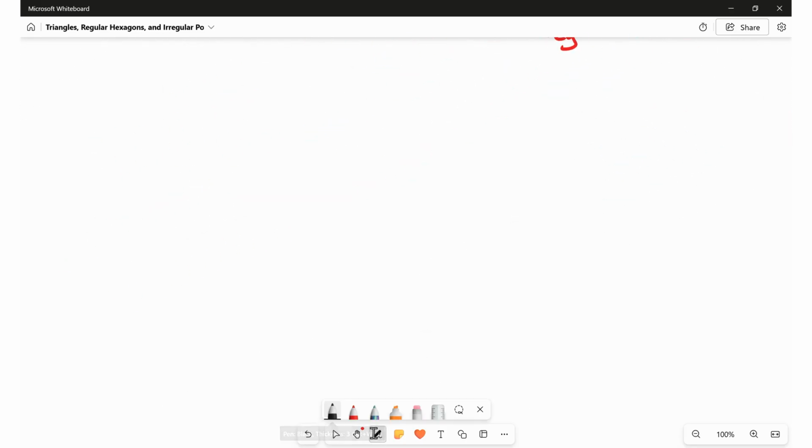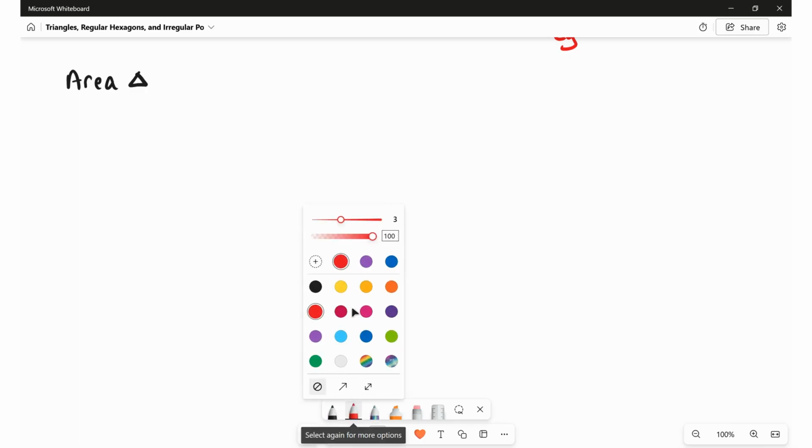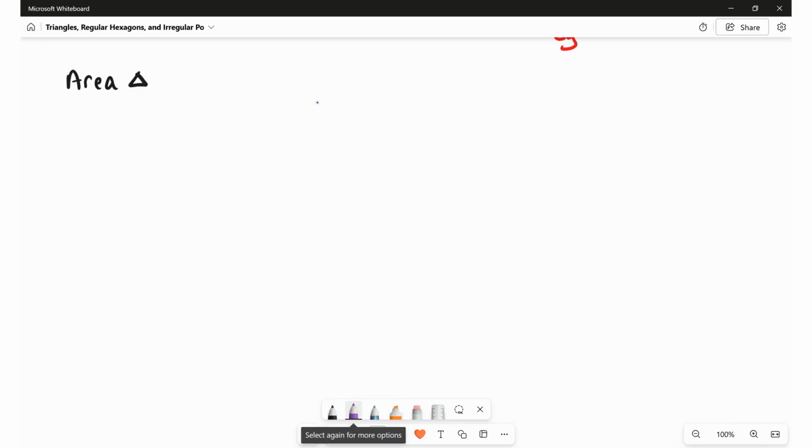Now I'd like to consider the area of a triangle. But before we get into that, let's take a little trip down memory lane and think about the area of a quadrilateral.